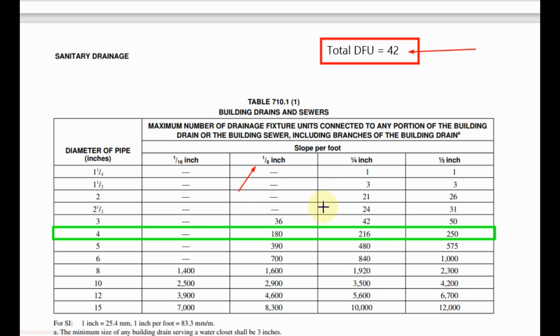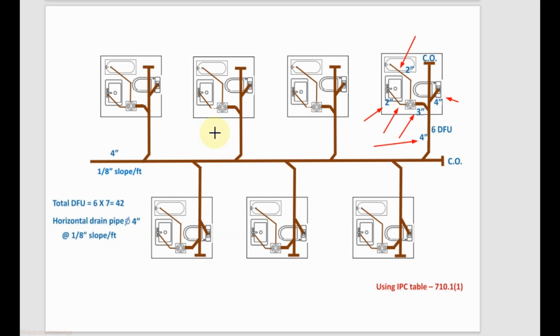Then you can see from this table up to 180 drainage fixture unit value, we can use the 4-inch pipe size. So for our total drainage fixture unit 42, we will select the pipe size 4 inch. Then for the main line having total fixture unit value 42, we have selected the 4-inch pipe size from table 710.1 with a slope of 1/8 inch per feet.